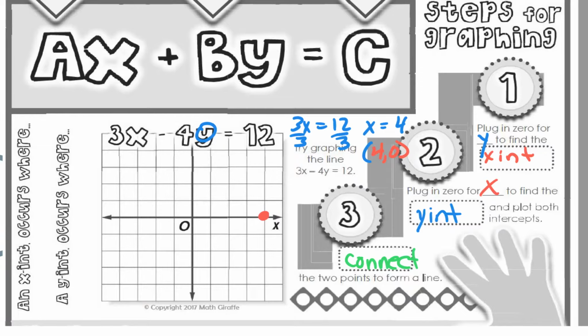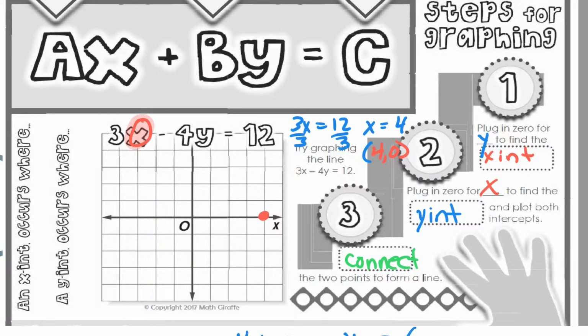Now our next step is to plug in 0 for x, and we're left with 4y is equal to 12. We divide by 4 and get y is equal to 3.